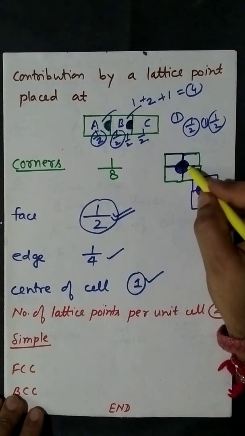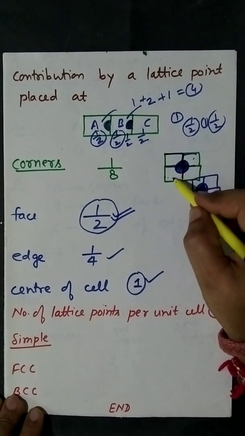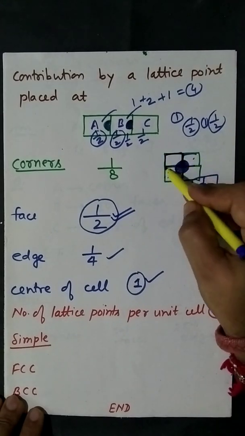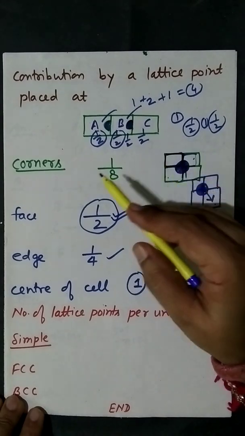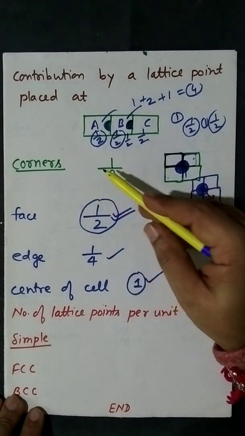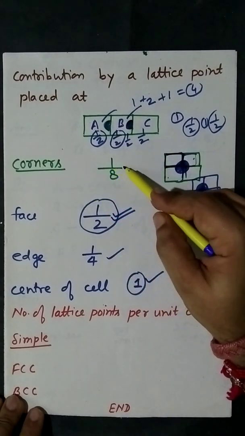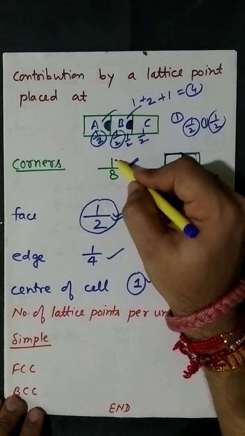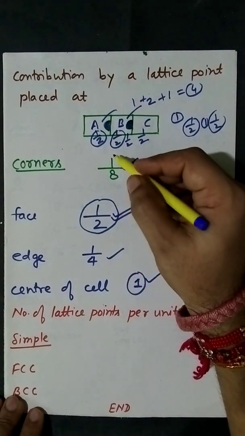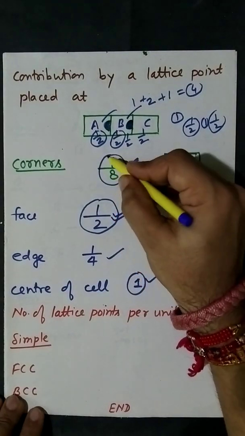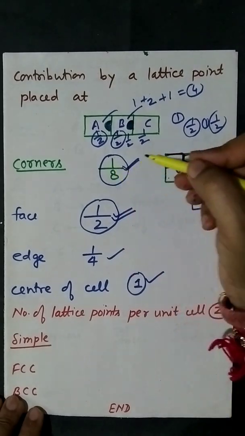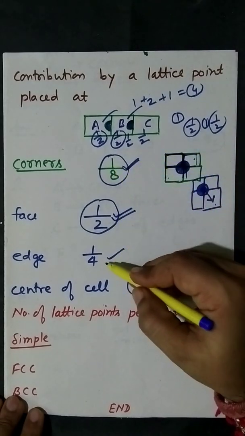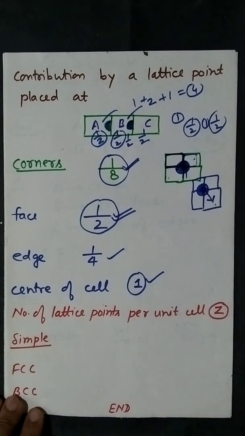Above it, a corner is shared between 4, and over it, when you draw 4 more rooms, it will be shared. So in total, 8 rooms or 8 unit cells share a corner, and therefore its contribution is 1/8. So remember, you cannot count 1, 2, 3, 4 simply. If a particle is placed at corner, you need to count 1/8, face 1/2, edge 1/4, and center its complete contribution.